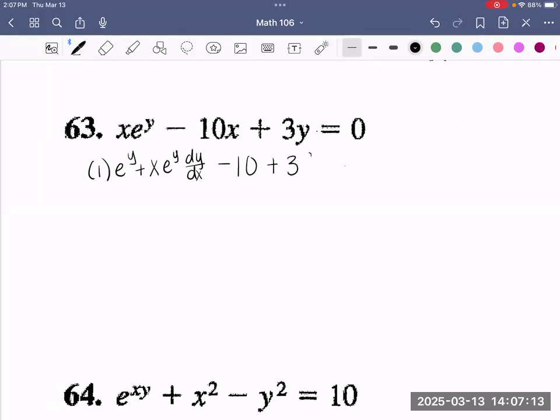And your third, again, dy dx here is equal to 0. Now, if that is all you need, that's great. More likely than not, they're going to ask you to then solve for dy dx, in which case we need your dy dx values to be on one side of your equation and everything else can be moved over. So that means we are going to keep this on one side.